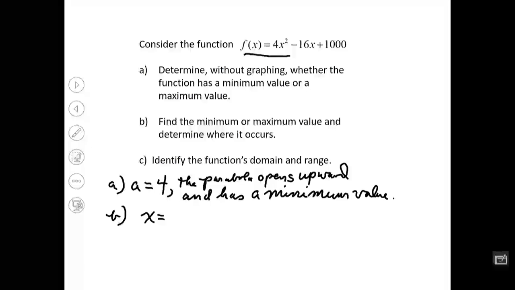To find the x coordinate of the vertex, we have negative b over 2a. B in this case is a negative 16, so we have minus a negative 16 divided by 2 times a, which is 4. Simplifying, we have 16 divided by 8, which is 2.